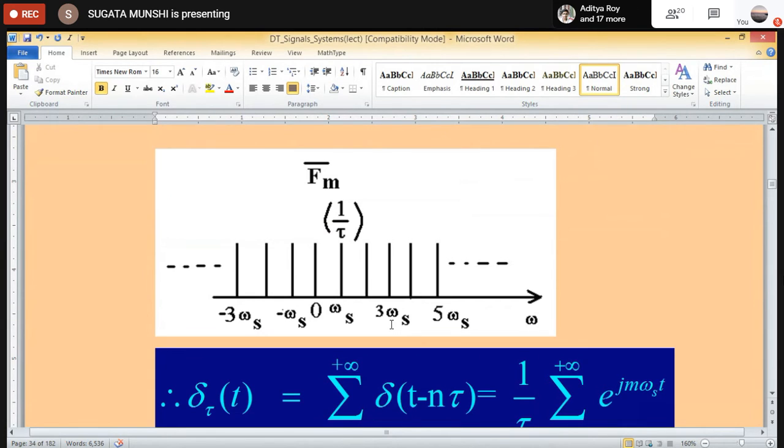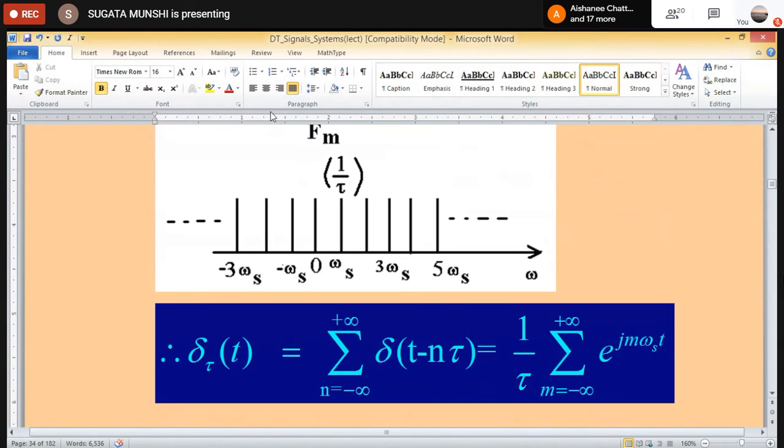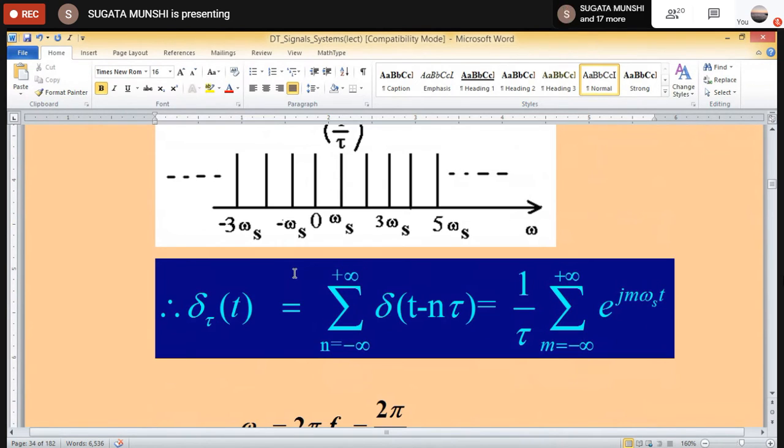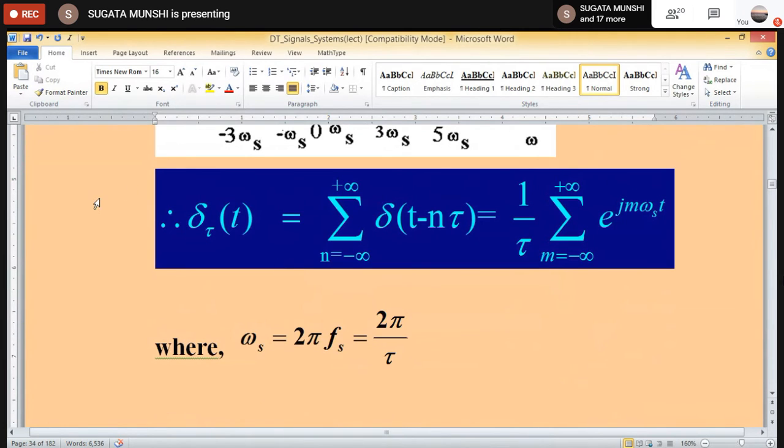So this is the Fourier series expression. Omega s is the angular sampling frequency.